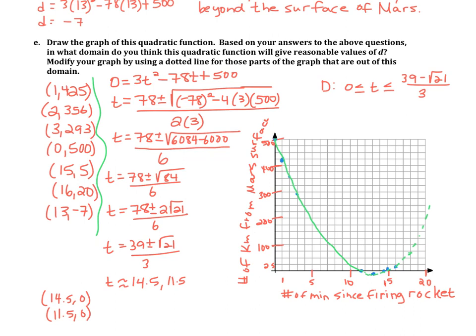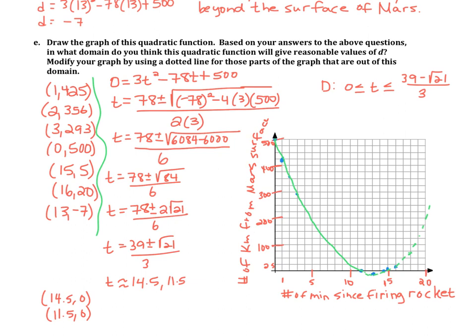So then what I did is I took all these ordered pairs over here and I figured out my scaling. I did label my axes, so the independent axis is the number of minutes since firing the rocket. The dependent axis is the number of kilometers from the surface of Mars. Sorry, I kind of got into my quadratic equation up here, so I had to fit that in there.